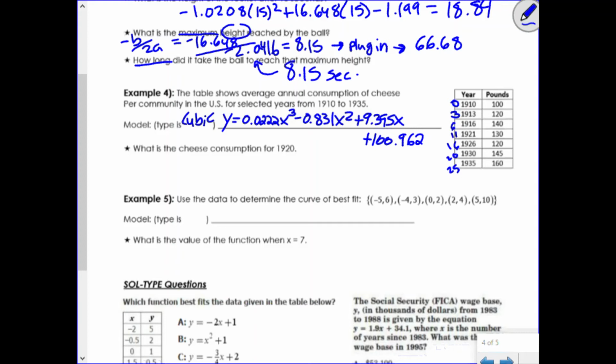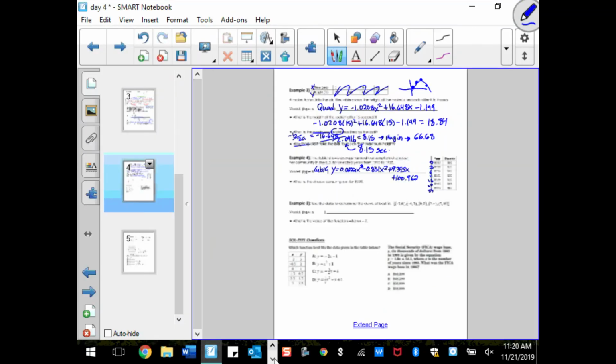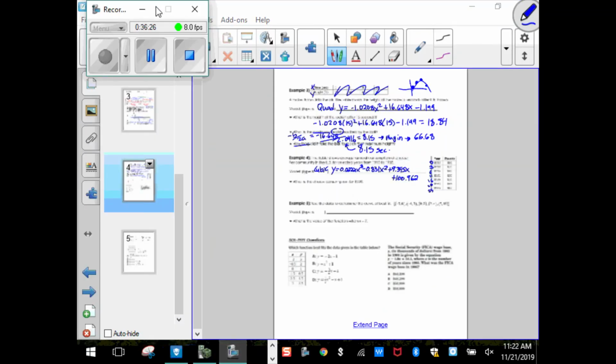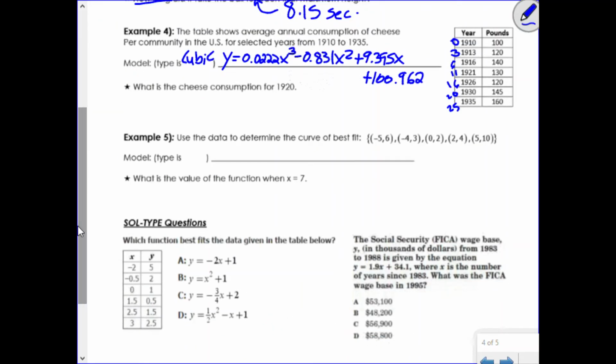Now the follow-up question that we have here, now I did mention that you can only answer maximum or minimum questions if it is a quadratic function, but you can still answer that other type of question where I give you an x. They can still ask you what is y given an x value for any one of these types of functions.